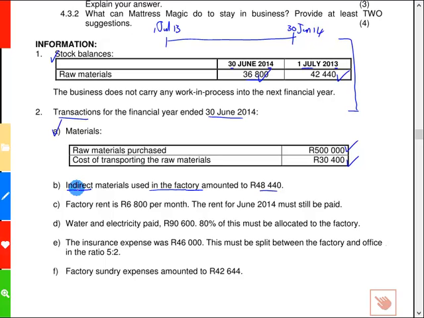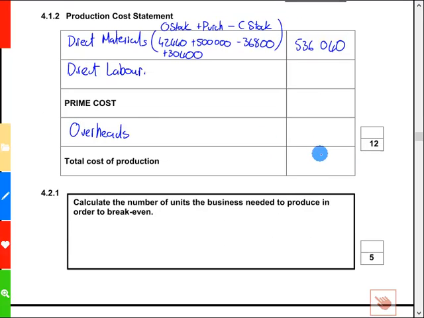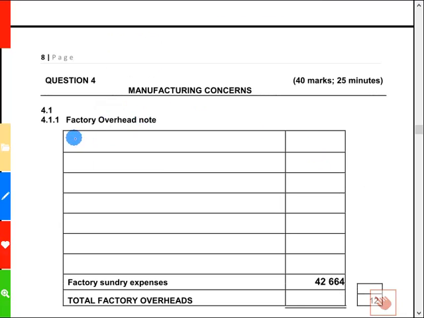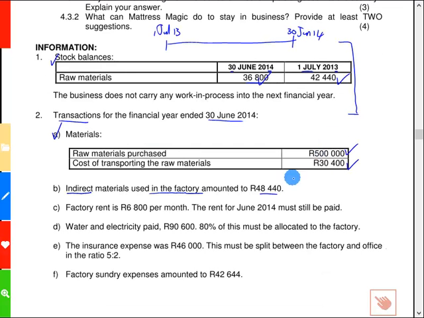Because it's in the factory, it's part of making the product, so we're going to include it in the production cost statement, and then we decide which one specifically, materials, labor, or overheads. So this is overheads, so we can fill that in our factory overheads, indirect materials, $48,440. Right, that one is done.